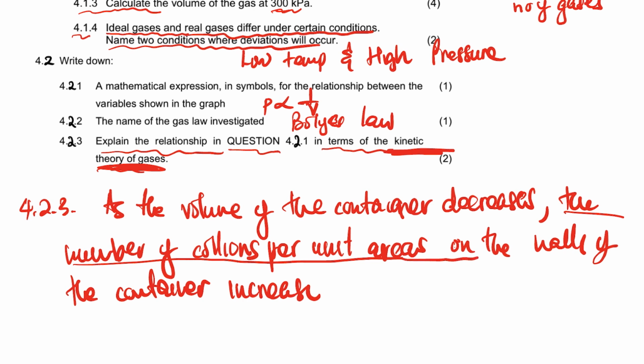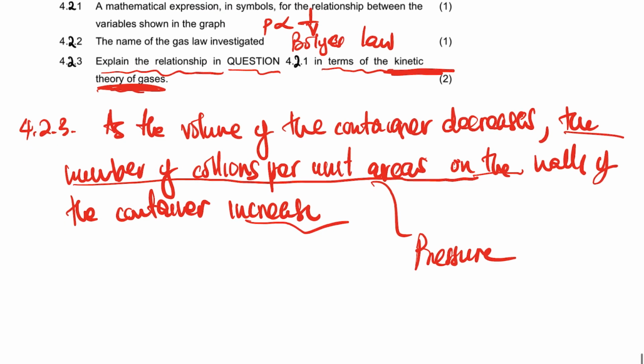The number of collisions per unit area, this is referred to as pressure, but you need to write it like that. Pressure on the wall increases. You state the relationship in words, but in terms of pressure, you need to say it's collisions per unit area.